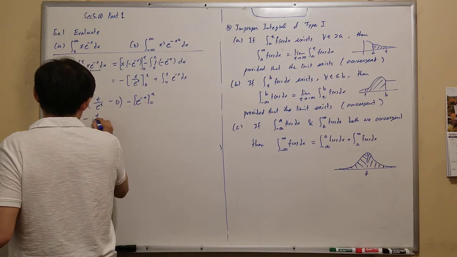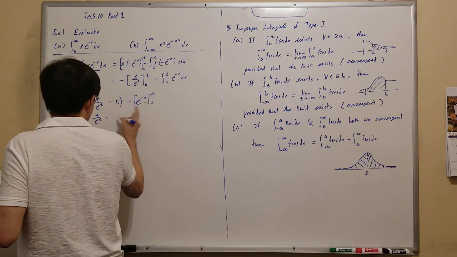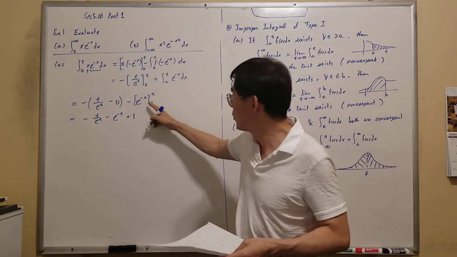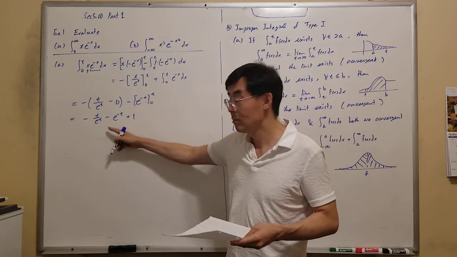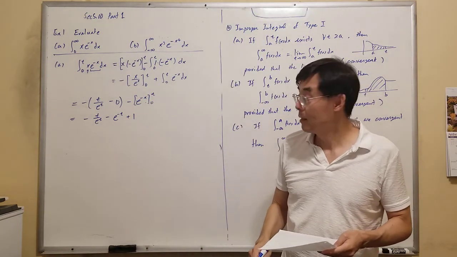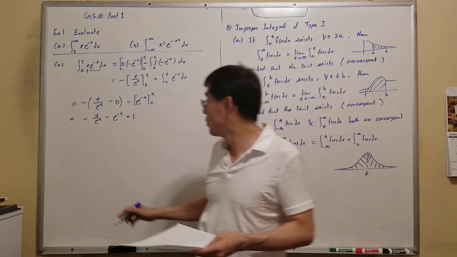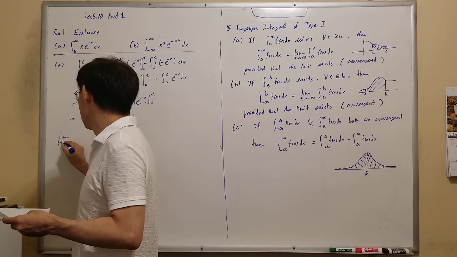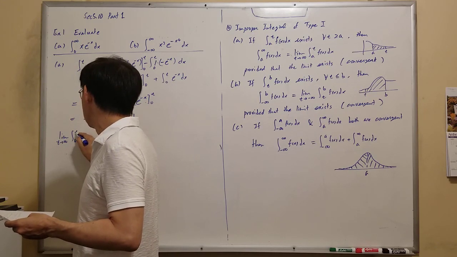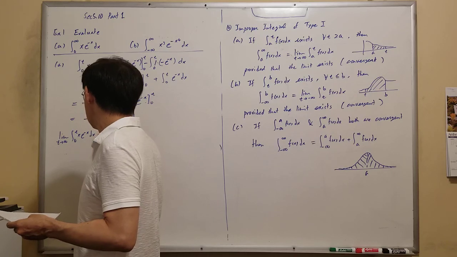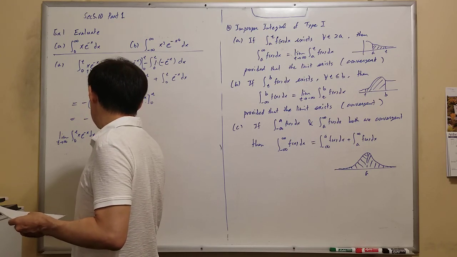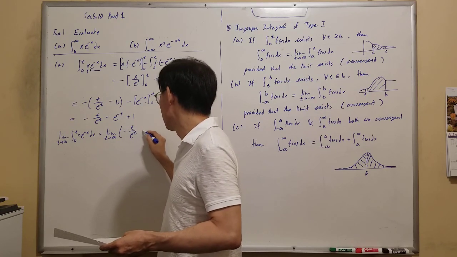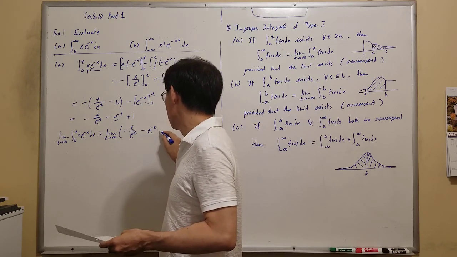So minus t over e to the t minus e to the minus t plus 1. This will be e to the minus t minus 1, so I just fix it with a minus. Now take the limit as t goes to infinity of minus t over e to the t minus e to the minus t plus 1.